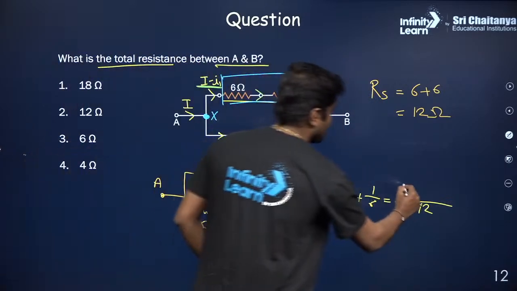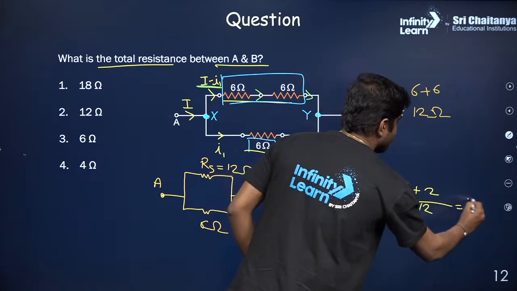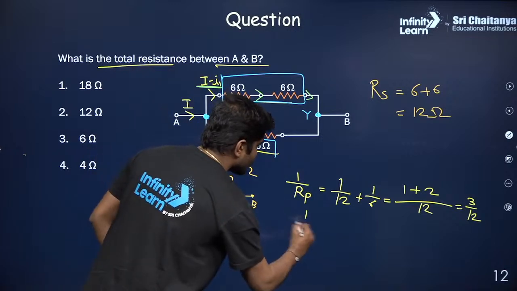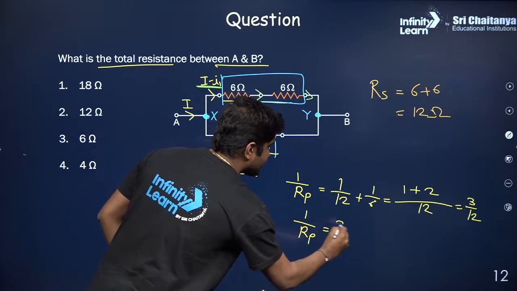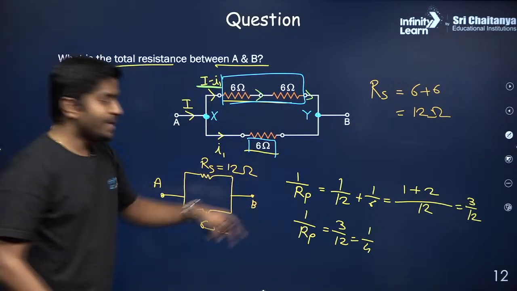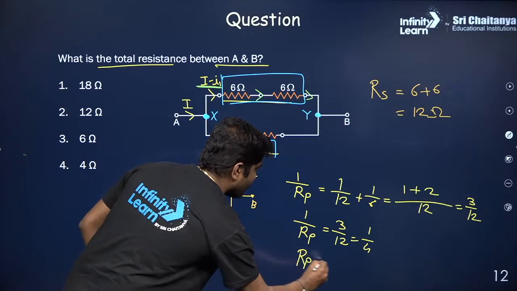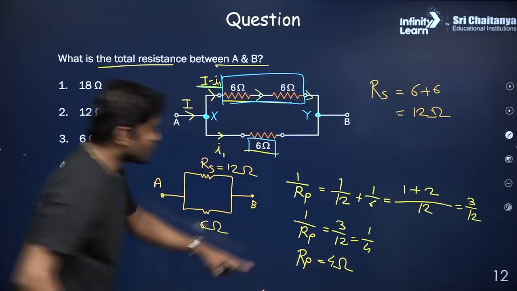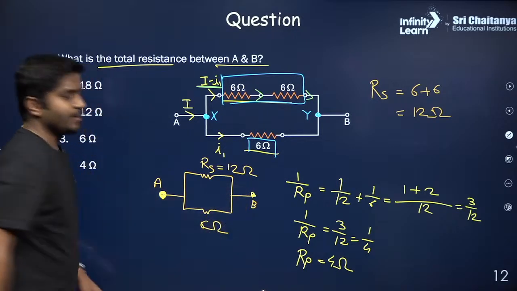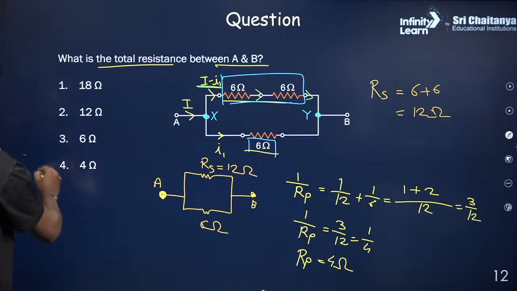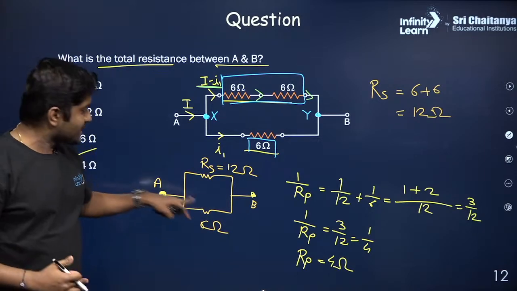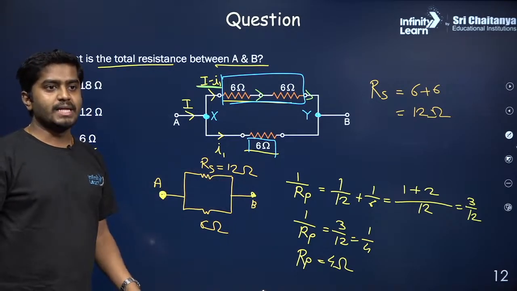It is 1 plus 2, which is 3 by 12. But what is this 1 by Rp? 1 by Rp is 3 by 12, which is equal to 1 by 4. From here Rp would be 4 ohms. This is the effective resistance between A and B. So the correct answer here should be 4 ohms, the equivalent or total resistance value between point A and point B.